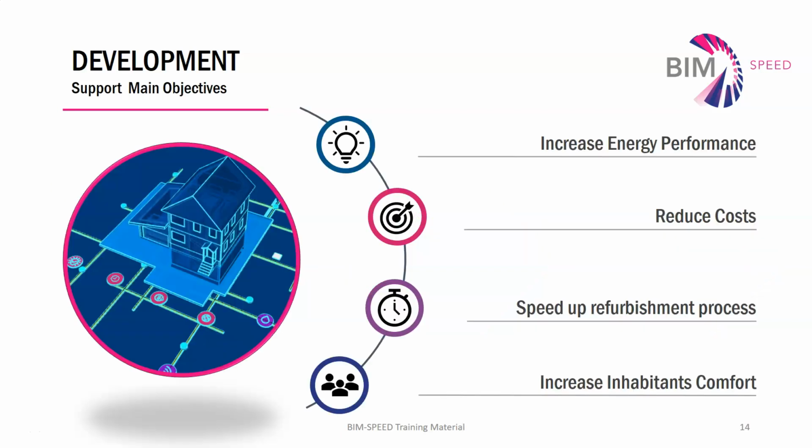First, what are the main objectives of the BIM-Speed project? This is easy to answer. BIM-Speed aims at increasing energy performance of buildings, reducing costs of refurbishment projects, speeding up related processes, and finally increasing inhabitants' comfort.